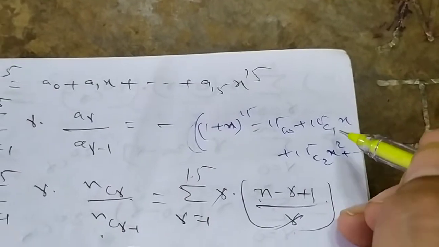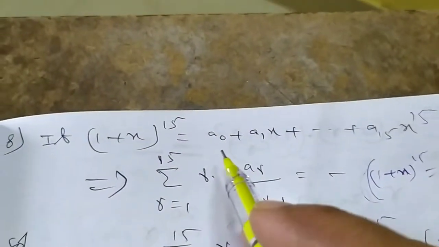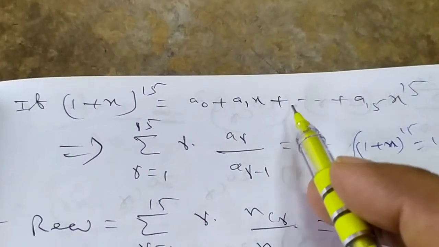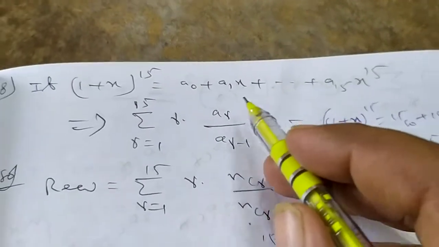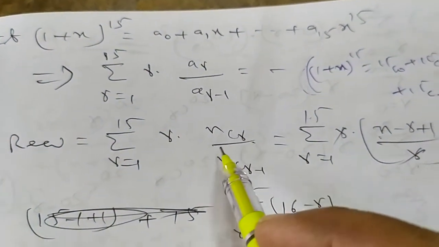So power of x is 1, suffix value 1, power of x is 2, suffix value 2. So clearly a0 is 15C0, a1 is 15C1, a2 is 15C2, a3 is 15C3. Therefore ar is nCr, which means 15Cr.